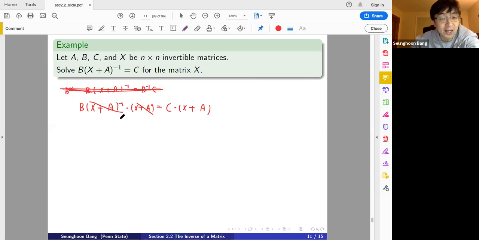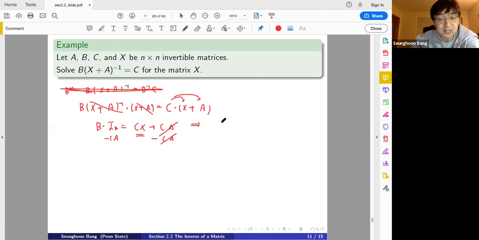It changes to I_N, so this is B times the identity matrix equals distribute C, so we have CX plus CA. Next, subtract CA from both sides. So what happens? CA is cancelled.